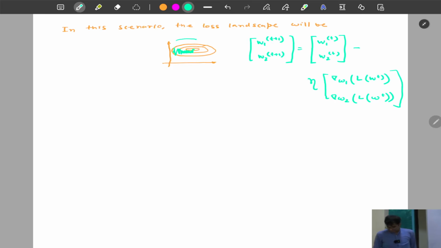Now what is happening? Let's say you have initialized both the values with some good initializer, which is the starting point, leftmost. Now here W1 and W2 is your previous guess. That does not matter. Eta is the same, so eta will not change based on W1 or W2. But now look at the gradient term. One is quite high, one is quite low. So in one direction it will move very fast, in one direction it will move very slow.